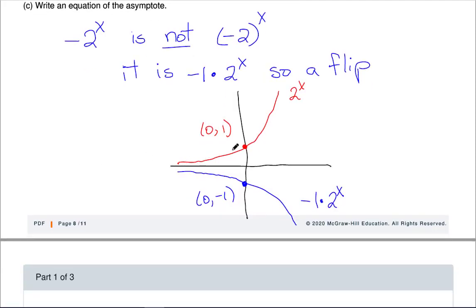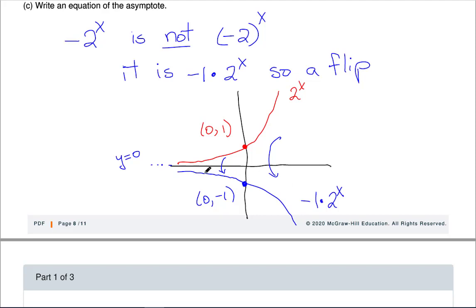So normally 2 to the x is here. We have our horizontal asymptote, y equals 0. Take this whole thing and flip it about the x-axis. It flips down. It's now crossing at 0, minus 1, but everything else stays the same.